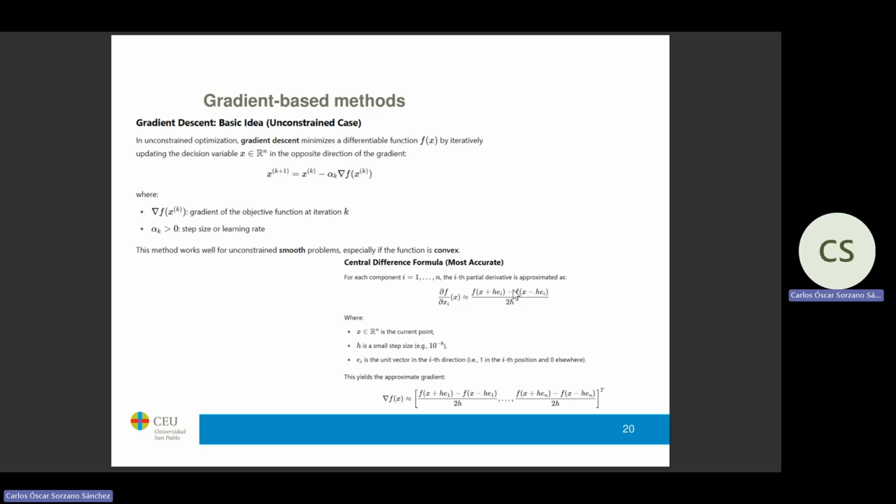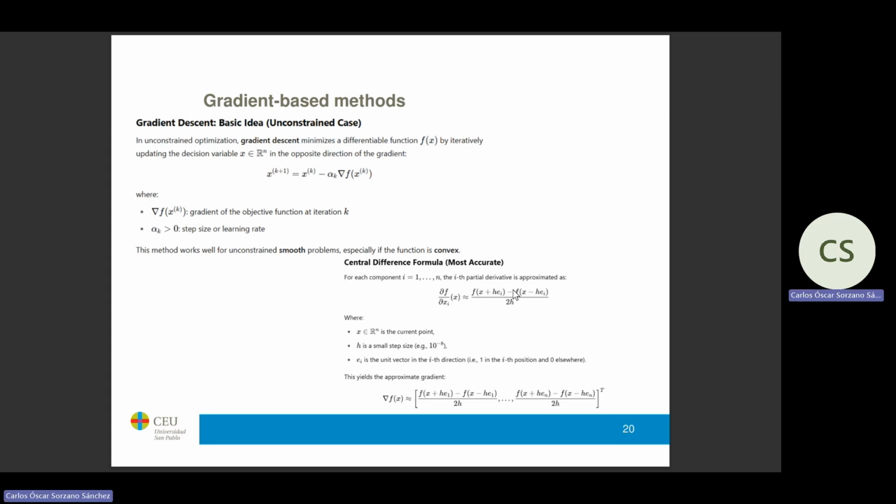And this alpha k is how much you go in that direction, because you can move just a little, or you can move a lot. So this is controlled by alpha k, and that will give you a new point, and then you iterate again and again. This alpha k is called the step size or the learning rate.